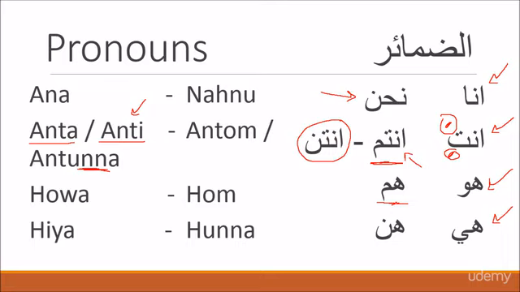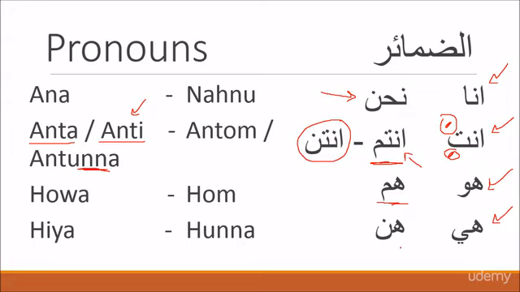So you can say they, hum, they play, for example. In Arabic, they play is hum yal'abun. Hum yal'abun. They play. It doesn't matter if there were girls or boys playing there, because hum can work for both, for female and male.